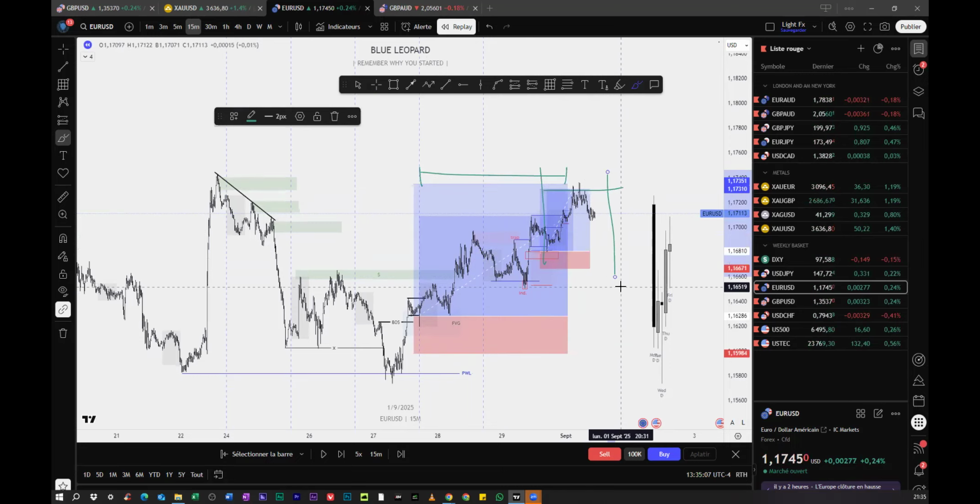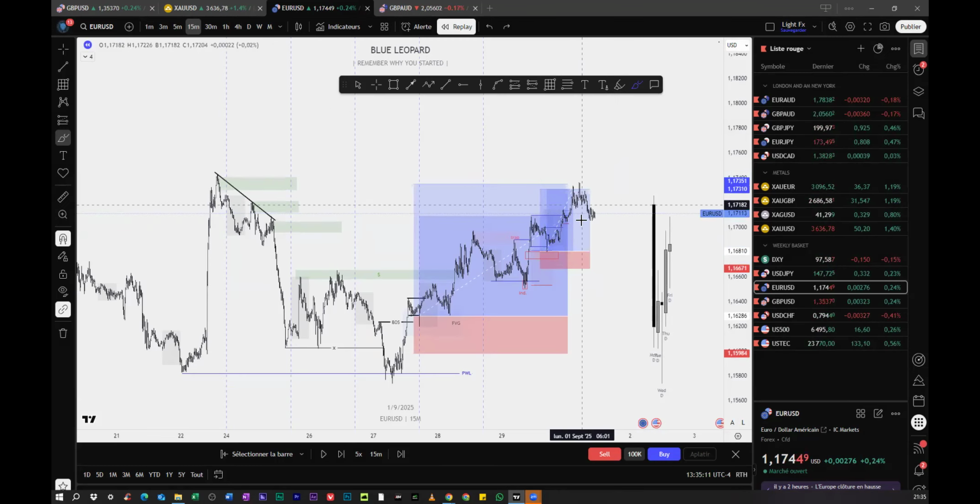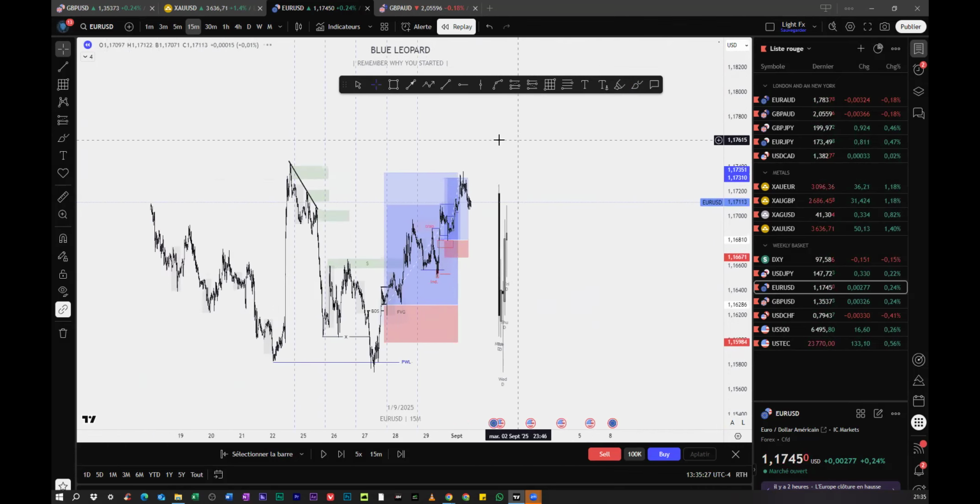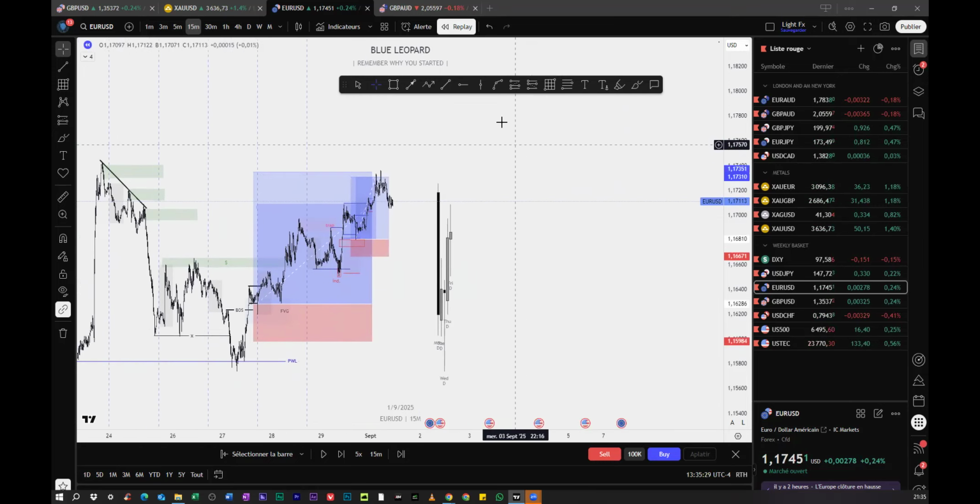So sometimes you must ask yourself that question: is it the right time for me to target 4 hours? The market is about to close. Why should I? Can I just wait for tomorrow? And then you can catch something better. I wanted to show you this because time frame alignment is very important.